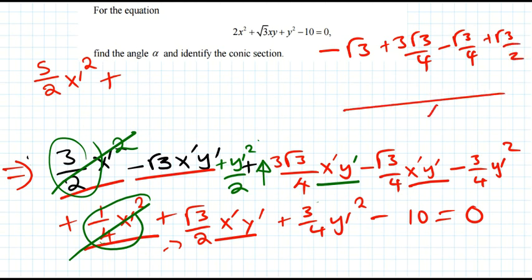Common denominator 4. 1 into 4 is 4, so we're going to have negative 4 root 3, and then plus 3 root 3 minus root 3, and then 2 into 4 is 2, so we're going to have 2 root 3.